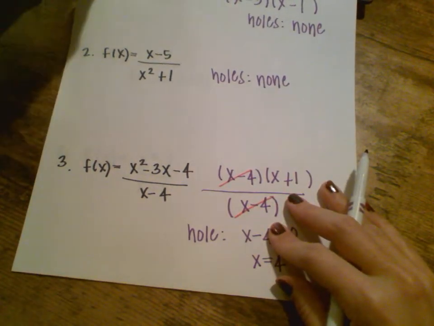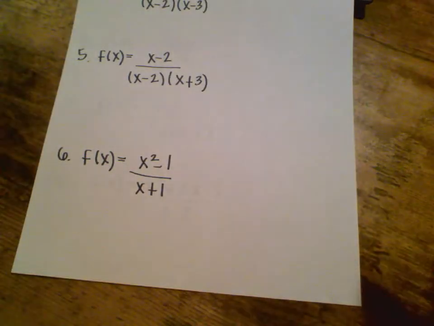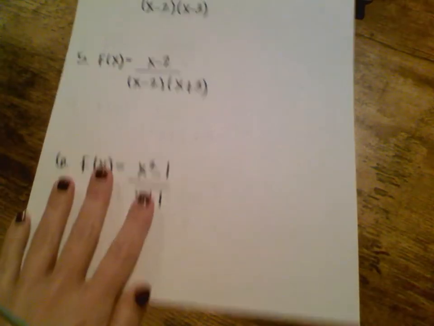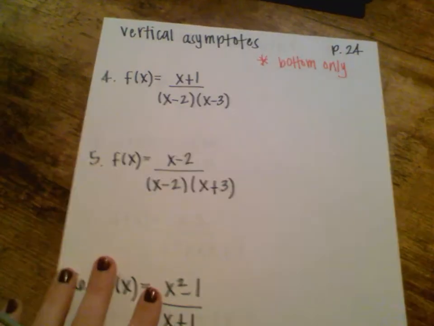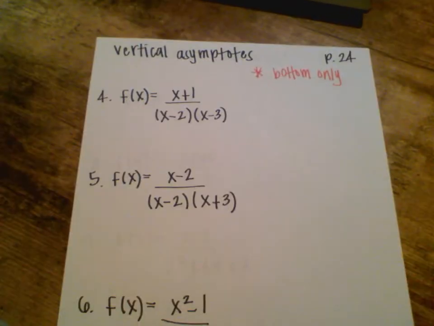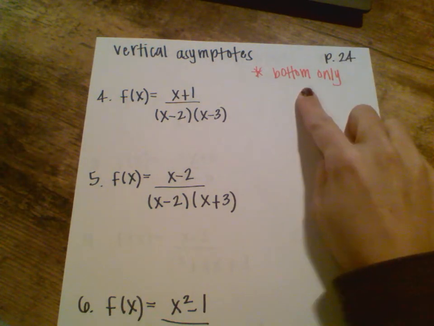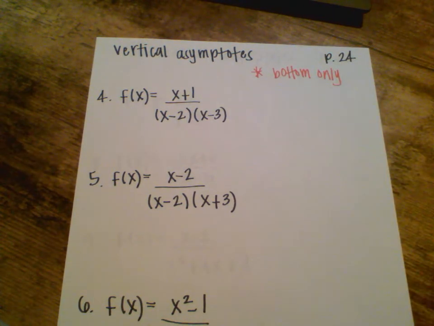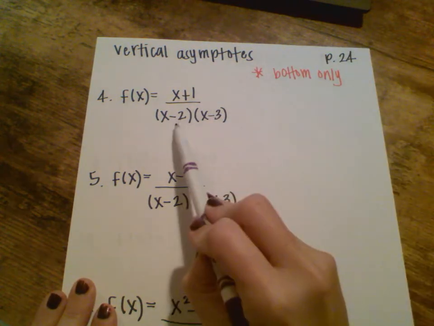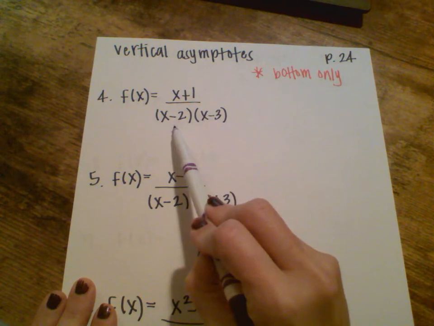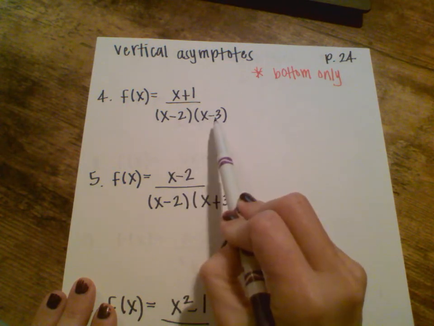All right, let's continue on this page. The next 3, we're looking for vertical asymptotes that the graph may have, and those can be found when you have factors that are only on the bottom. So number 4 and number 5 are both already factored for us. Okay, I see both of these factors, x minus 2 and x minus 3, are only on the bottom.